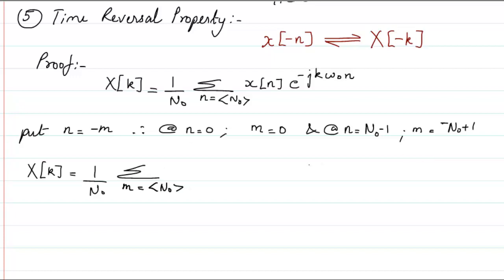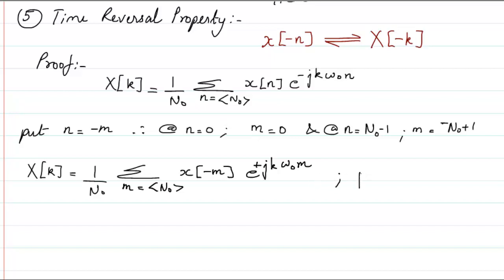The remaining part is, instead of n I will put x of minus m, and here also instead of n I will put e raised to power minus j k omega naught minus m. If I put minus m, that minus and the minus in the front will become plus. Correct?